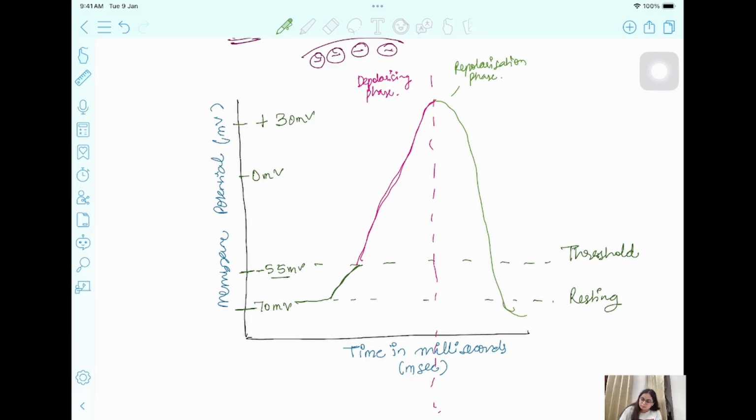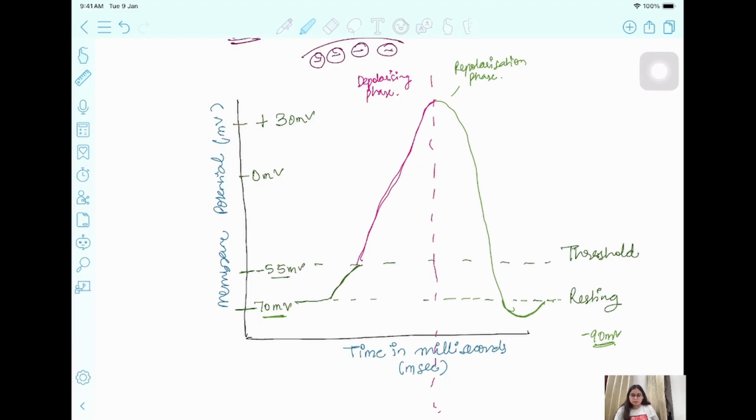Sometimes during the repolarization phase, the membrane potential goes down to minus 90 millivolts. That is also termed the hyperpolarization phase, but then it again comes back to the resting membrane potential, which is minus 70 millivolts.